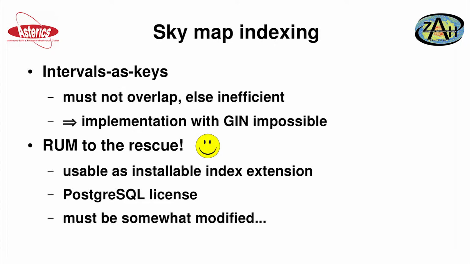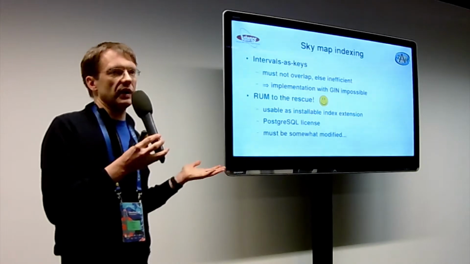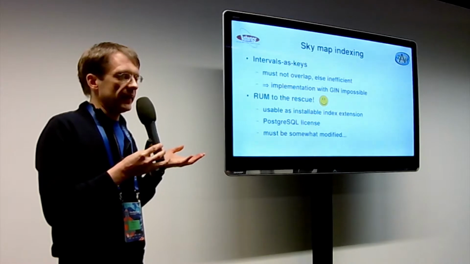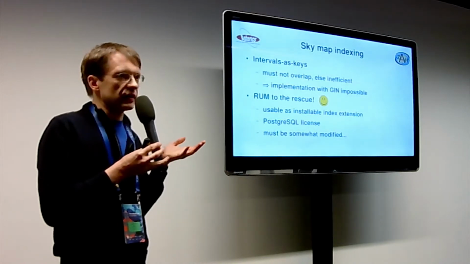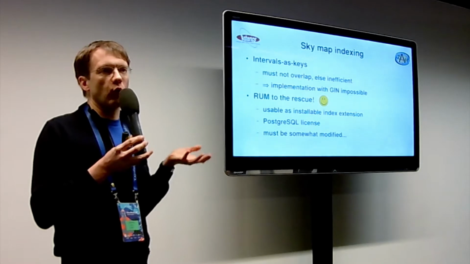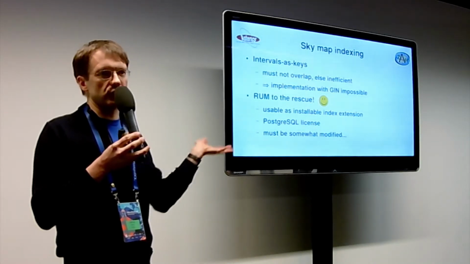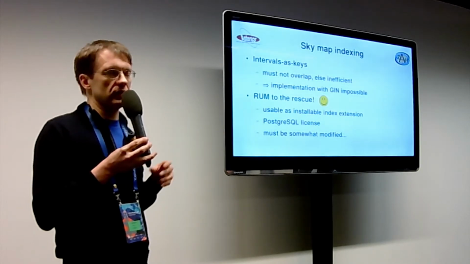There are many points that are important here. First is that it is usable as an extension to Postgres, because most astronomical data centers can't afford to maintain a patch to the core of Postgres. However, an extension is quite feasible, and actually they already use other extensions for astronomical queries in the database.